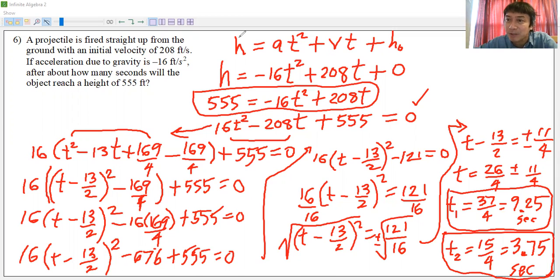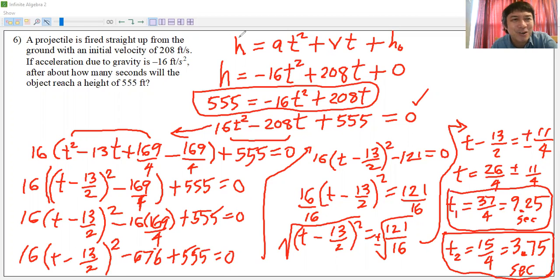So the 3.75 is when it goes up. That will be 3.75, the smaller value of time, and then it will reach its maximum, and then it starts going down, okay? And that will be the additional time, and that will be the 9.25 seconds. So it goes up 3.75, and then it accumulates more time, and then at exactly 9.25, it's back at the level 555. That should be the explanation.